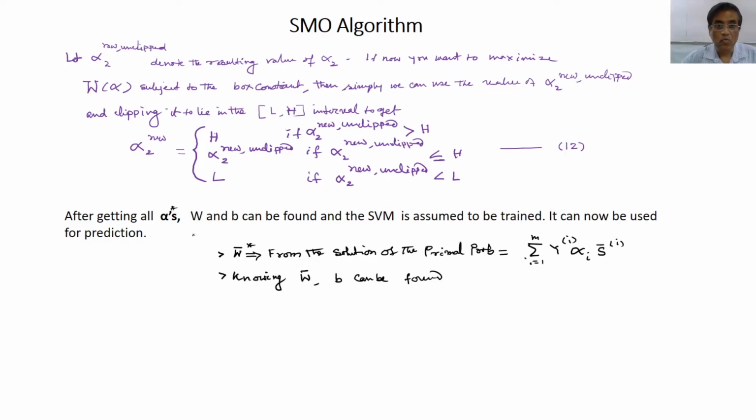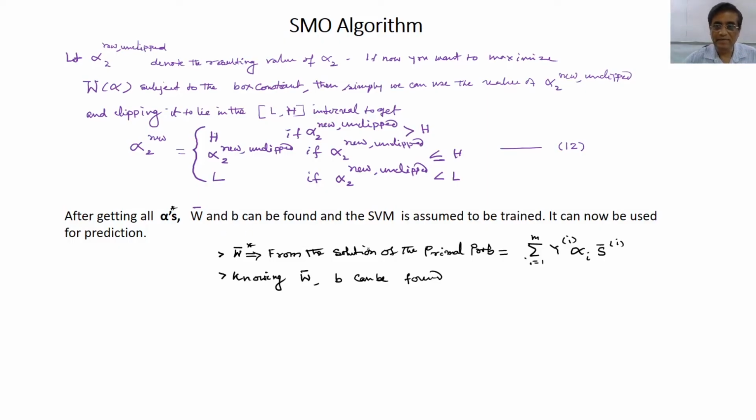Once you get all the alpha i's, I have to calculate the W parameter and B of the support vector machine, because only then will we claim that it has been trained.